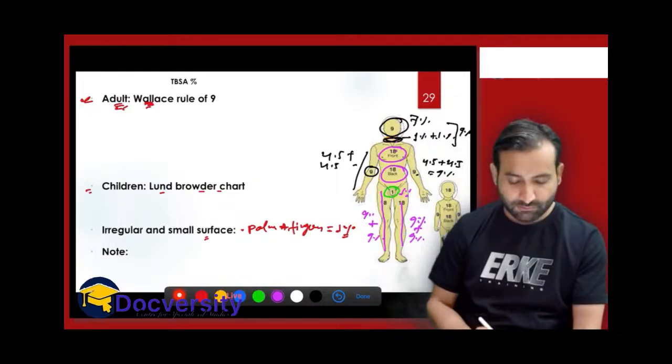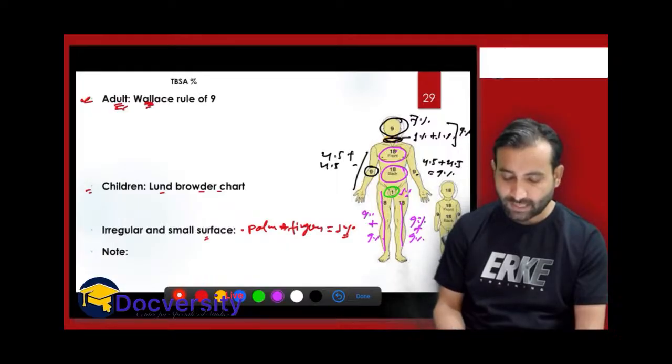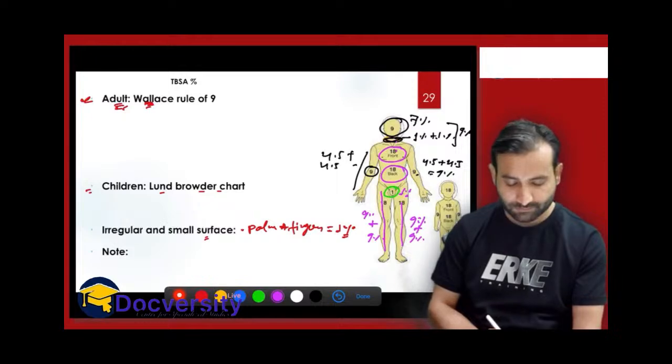And in the children, we use the Lund and Browder chart. In the Lund and Browder chart, look at over here. Similar to the head in the adult being 9%, but the head in the children is how much? 18%. So this is different. Head in the children is 18%, and this keeps decreasing until it becomes 9%.